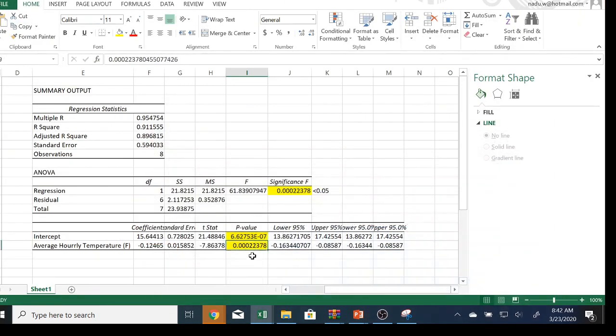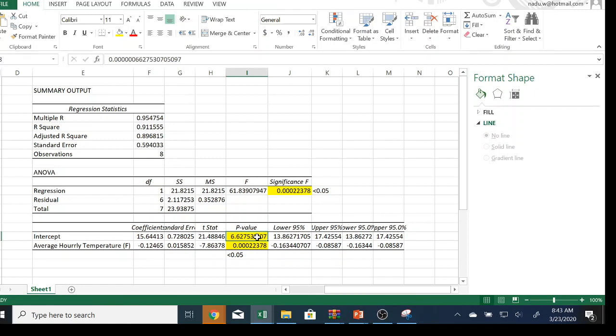These values are also below 0.05. Here we have 0.0002, no problem, the value is below 0.05. And here you are getting 6.672753e, which means e to the power 7, so again this value is also below 0.05.